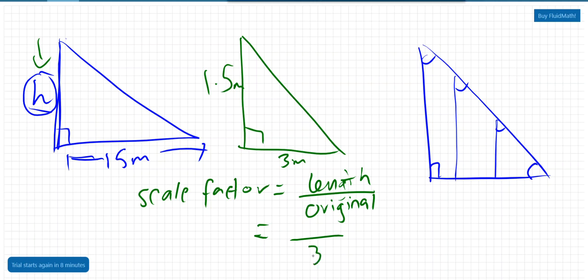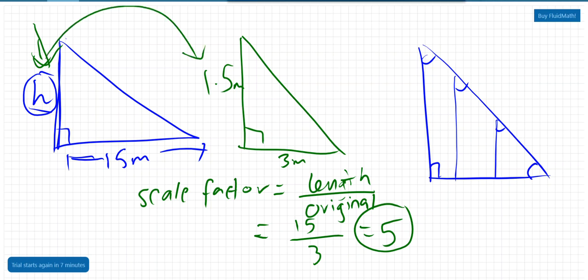So 3 goes on the bottom, and then 15 goes on top. Okay, my original is 3, and then 15 is on top. And this equals 15 divided by 3 is 5. So that is my scale factor. So I can use that to work out h. If you remember, the corresponding side of h is 1.5. So all I've got to do is go, okay, what is 1.5 times 5?